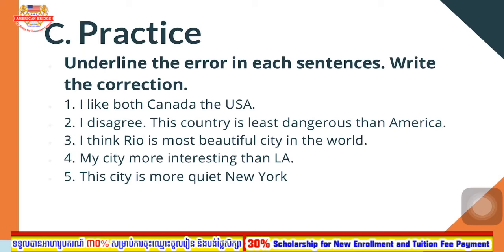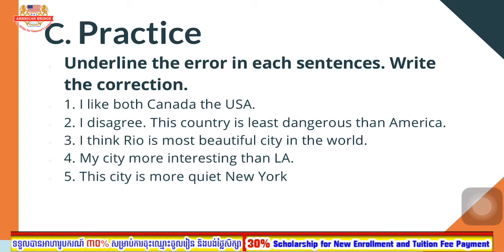So this is an adjective, students. So more interesting than, this is a comparative adjective. What we miss is the to be. So it should be my city is more interesting than LA. So you can underline more and write is more. Okay, the problem is more and the correction is more. It's more interesting than LA.